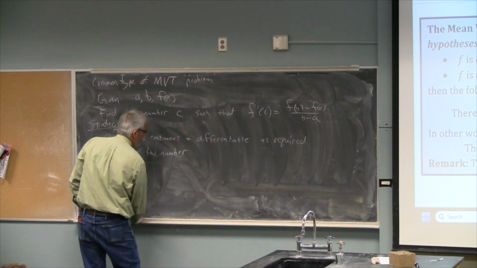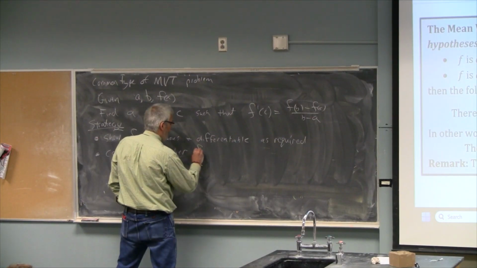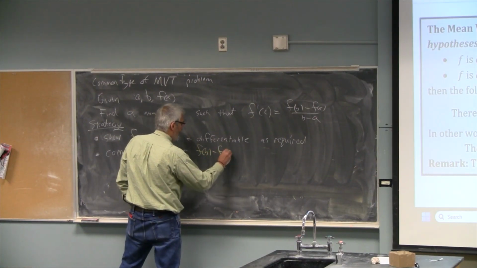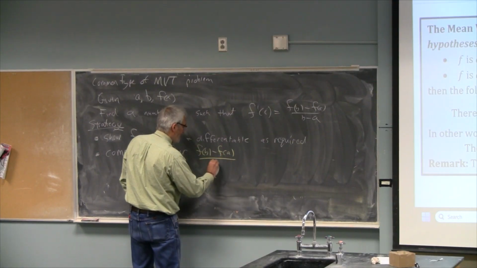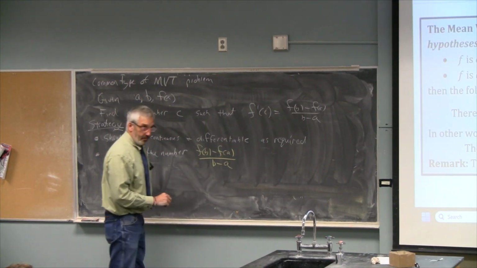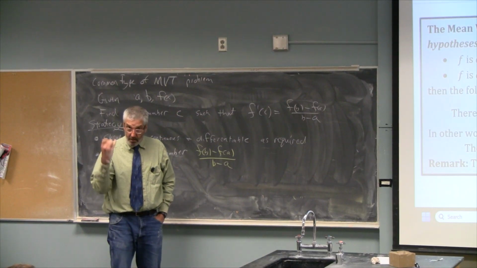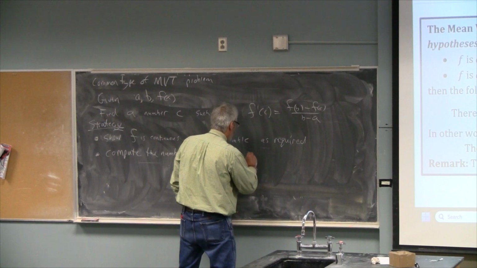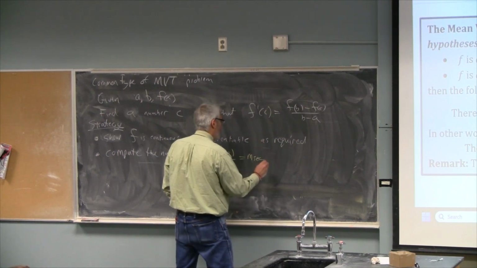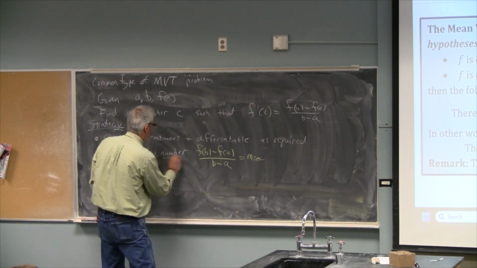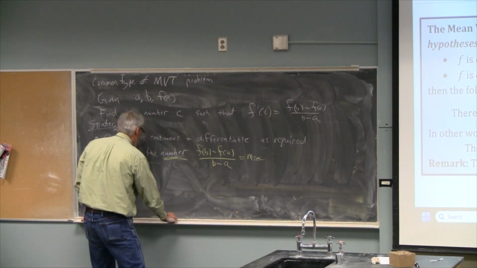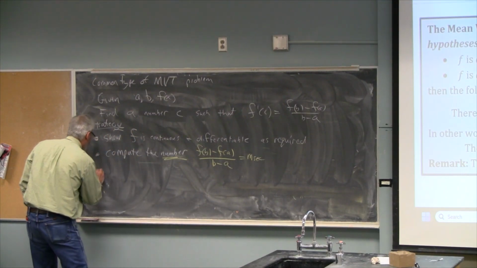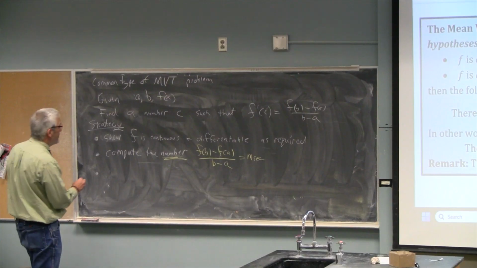Now I'm going to do this in yellow. f of b minus f of a over b minus a. That's going to be a number. And you can compute that because you know a, you know b, and you've got this function f of x. So that's the secant line slope. Okay. And then find an expression for f prime of x.